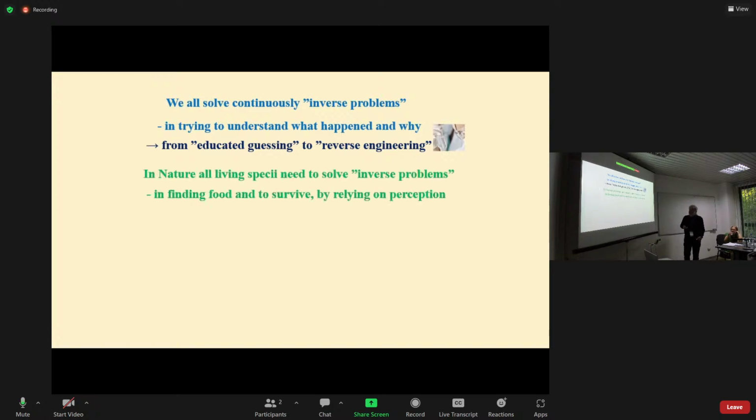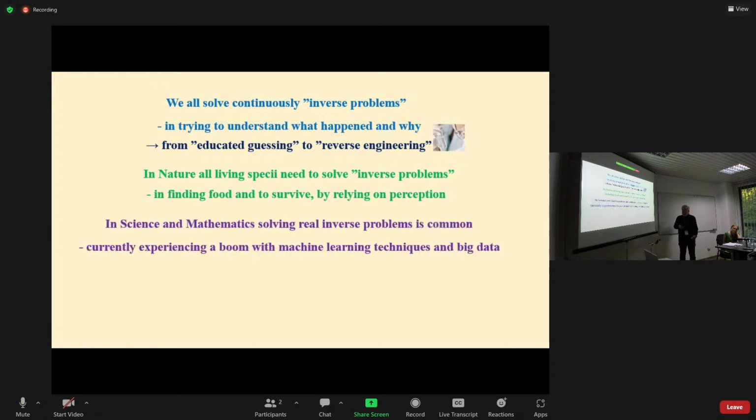Okay, in nature, all living species, birds, snakes, whatever, are solving inverse problems to find food and also to survive. They rely on perceptions, like sounds and light and smells and so on.